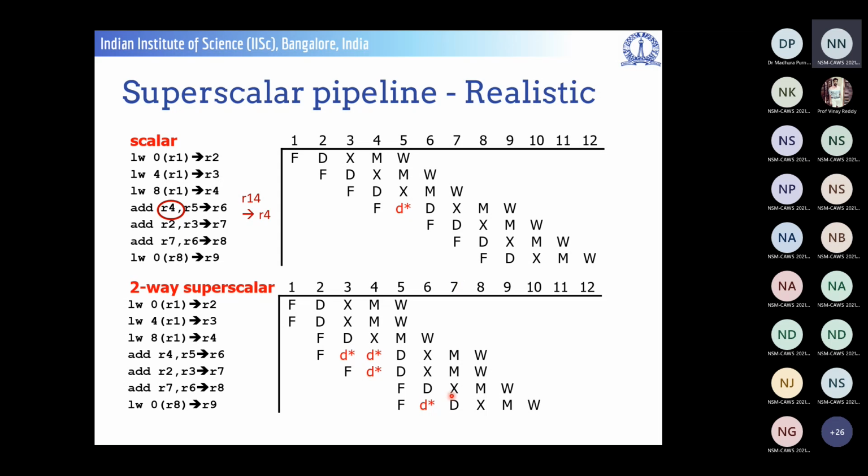Does it make sense? What you were supposed to do in this decode and read register stage is get it from the register file. You did not get it from the register file. Instead, you got it from there and pushed it into your execute and memory stages onward. Yes, sir, understood.